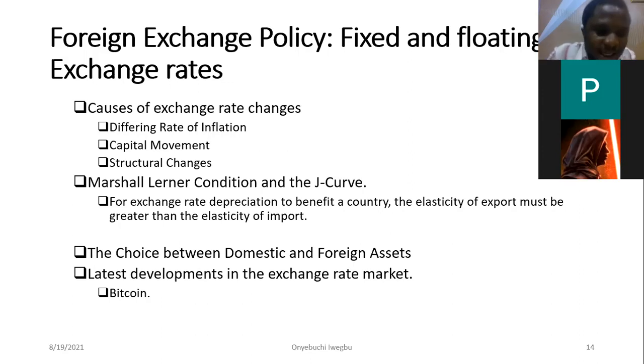Having said that, that's a choice between domestic and foreign assets. The next is latest developments in exchange rates. And I asked that question: Bitcoin, okay? Cryptocurrency, is it beneficial to Nigeria? The ban by the central bank, is it a good one?